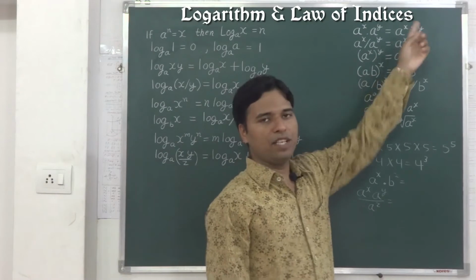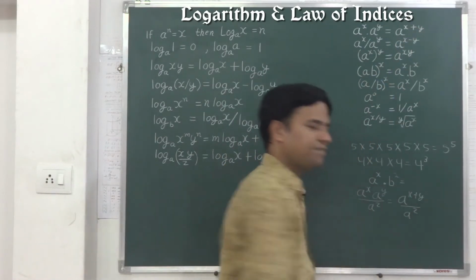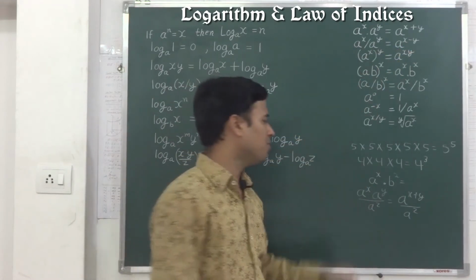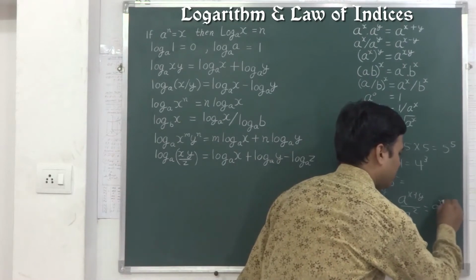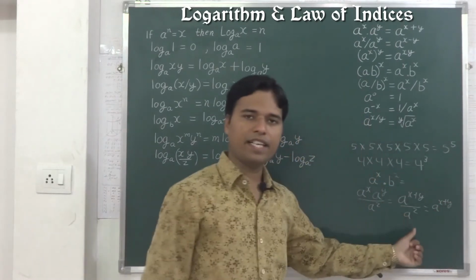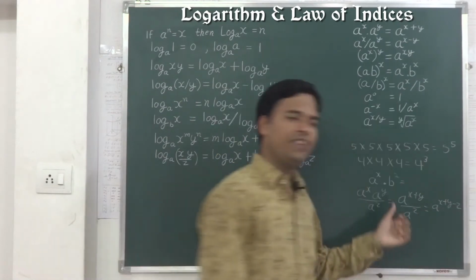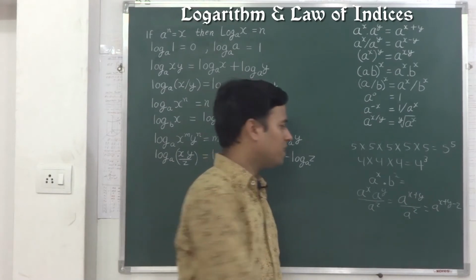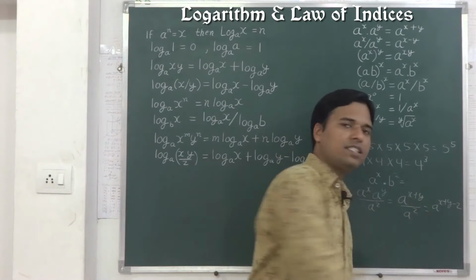A power x plus y upon a power z. But using the second formula, what would we do? A power x plus y, we will subtract the power in the lower term when we have the same base in both the numbers. What would we get? A power x plus y minus z.